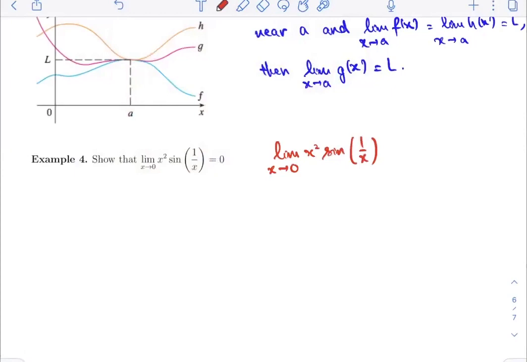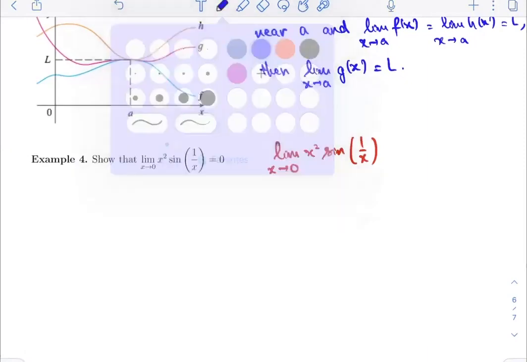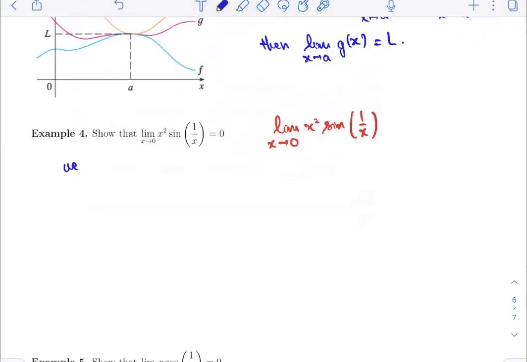Okay. So in pre-calculus, we learned that the sine function and cosine function are bounded between -1 and 1. So we know that sine of 1 over x is bounded between -1 and 1, right?